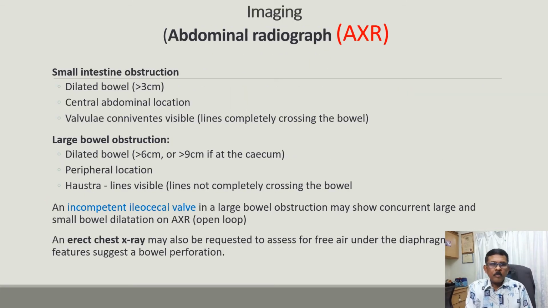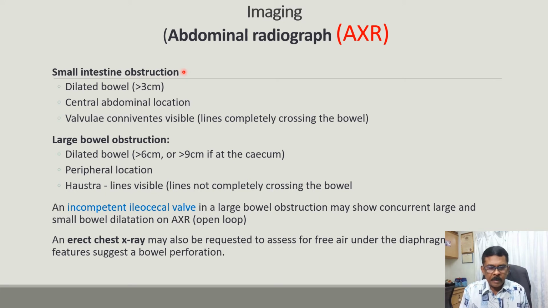Now we come to the imaging. What are the imaging modalities that are available for these patients with intestinal obstruction? The most commonly used and still being used is the abdominal X-ray or plain X-ray of the abdomen, also known as AXR. Abdominal X-rays will show small intestinal obstruction, dilated small bowel.